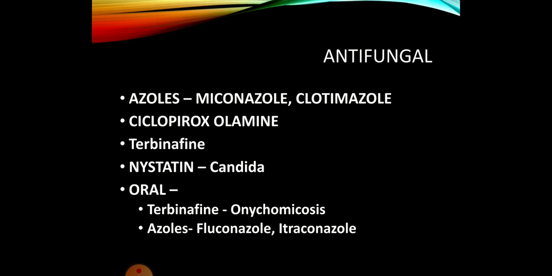Usually they have 2 nitrogen atoms in the azole ring, whereas the triazole group has 3 nitrogens in the azole ring, and those drugs are itraconazole and fluconazole. Their antifungal activity is manifested as they interfere with fungal cytochrome P450 enzyme, that is 14 alpha sterol demethylase, and disturb the membrane.